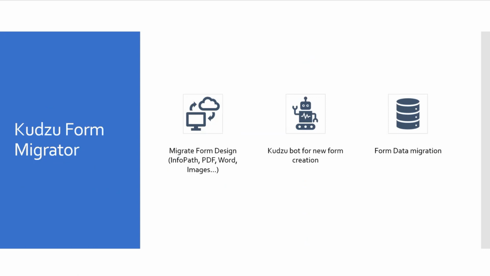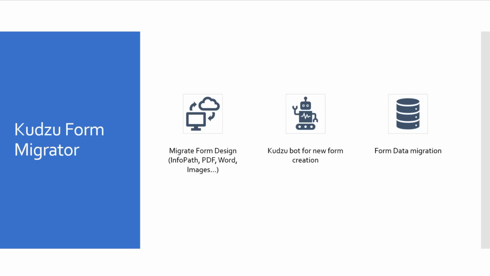So we'll spend just a few minutes there, have a look at how we can build out a new SharePoint list using the Kudzu bot, and I'll also walk through how we can migrate some of the different forms from things like InfoPath. Also, it's not just the form design that we can migrate over, you can also migrate data as well.